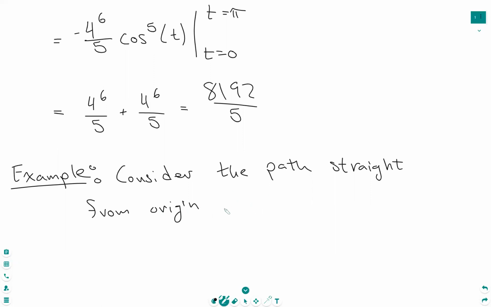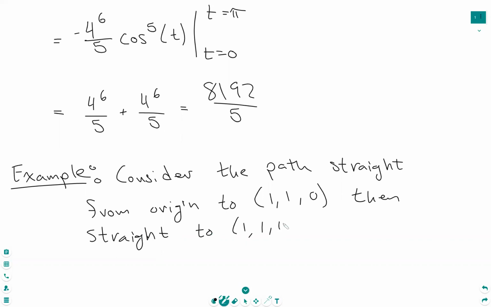So we're going straight from the origin to the point 1, 1, 1. Oh, no, we're going from the origin to 1, 1, 0. Then straight to the point 1, 1, 1.